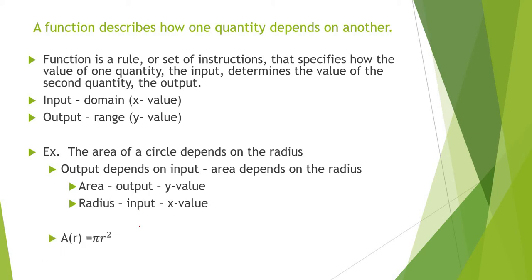Algebraically, we would write it like this, that A is a function of r, area is a function of the radius. So A of r equals pi r squared, and that tells us how we calculate the area when we know the radius.